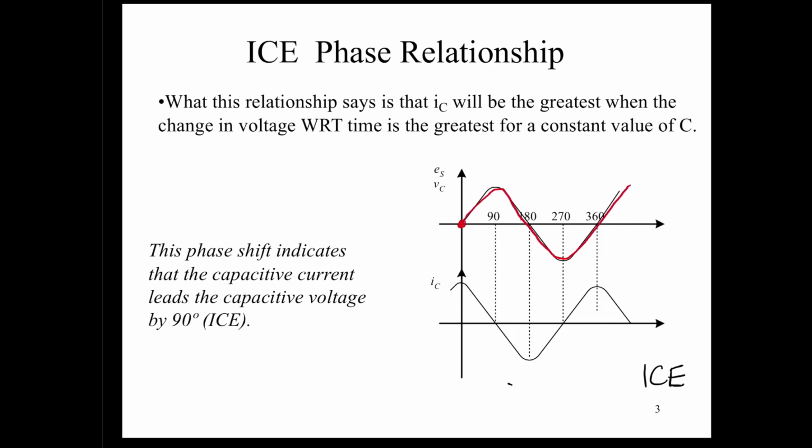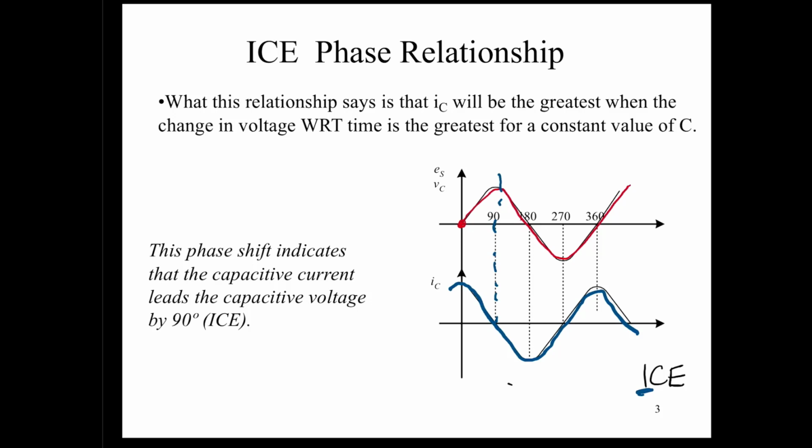If we look at the current here, notice how the current is reaching a maximum at 0 degrees, and the voltage is not reaching that maximum value until 90 degrees later.